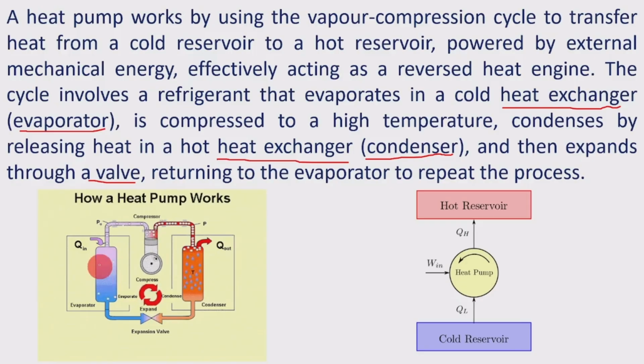Like this, by operating in the four processes, the heat will be absorbed from the low temperature environment, and that will be transferred to the high temperature environment. That is the pumping of the heat. That's why it is called a heat pump.